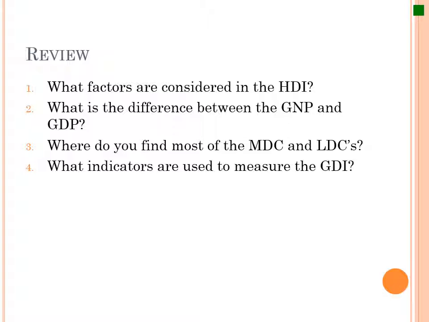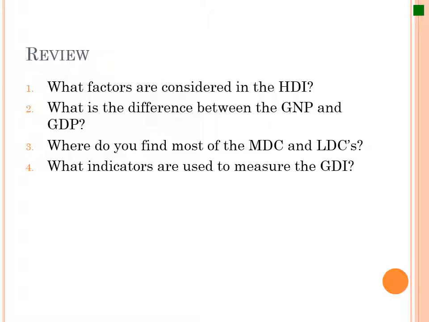All right, so working with the people at your table, I would like you to take out a scrap piece of paper and write down the answers to the following questions. One, what factors are considered when looking at or measuring the Human Development Index? Two, what is the difference between gross national product and gross domestic product?